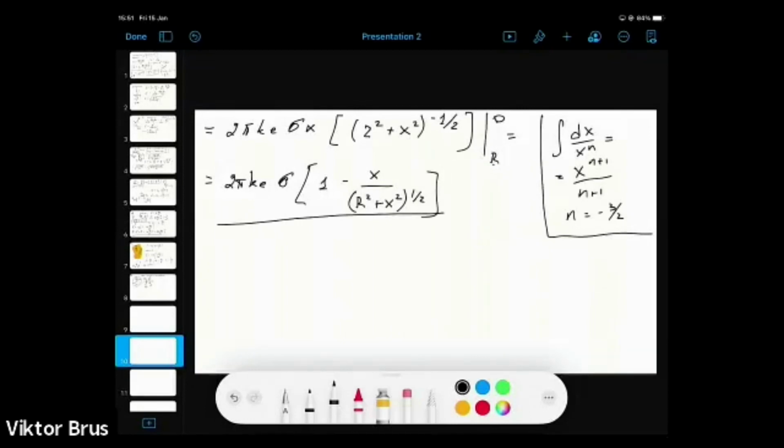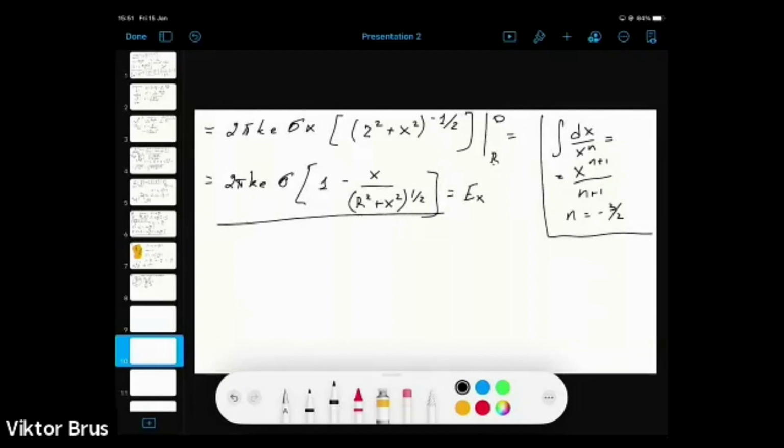This will be our electric field vector along axis x at the point P, which is the projection on axis x, and the only component, because we don't have any component of this vector in the projection on axis y.